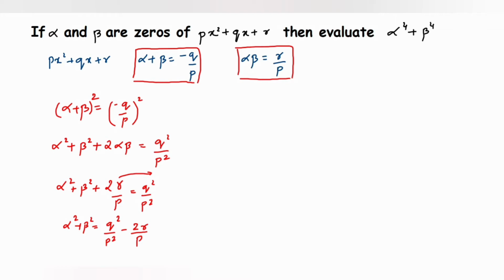Now here we just got alpha square plus beta square. We have to find out alpha to the power 4 plus beta to the power 4. So what we'll do is square both sides again.